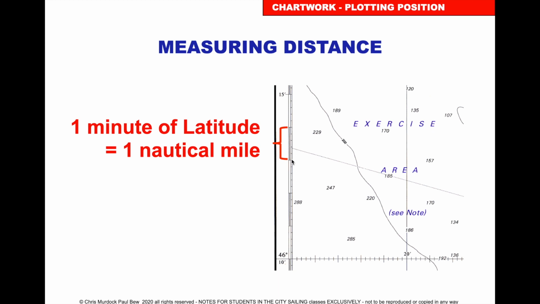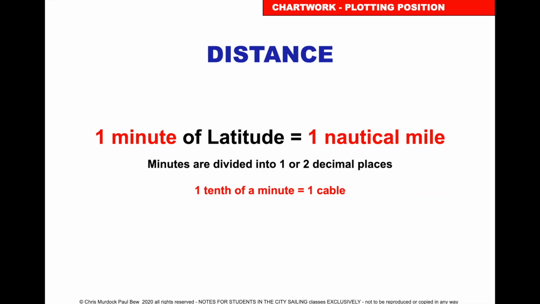So each one of these increments is 0.2. So 1 minute of latitude. So each degree, north or south on your latitude, is divided up into 60. One of those 60ths is called a minute, and one of those is a nautical mile. So if we travel north or south 60 miles, we've travelled a degree.